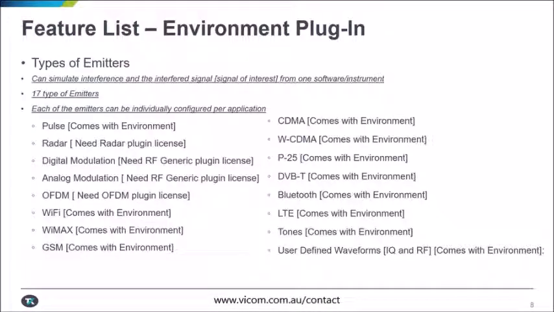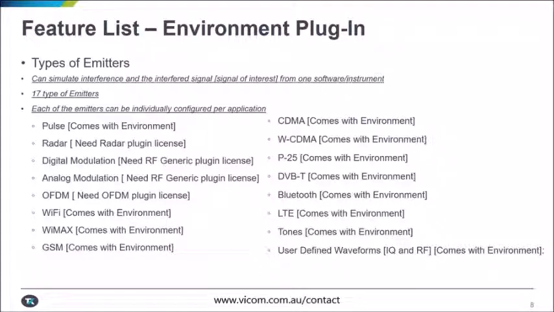Now, with the specific types of signals being created, we have other plugins that help create some of these signals. Here we see that the pulse type signal comes with the environment plugin. If you're requiring specific radar characteristics, then you need the radar plugin also with the environment plugin.